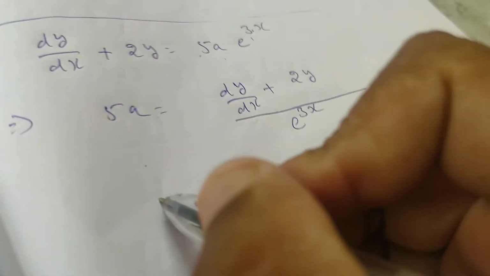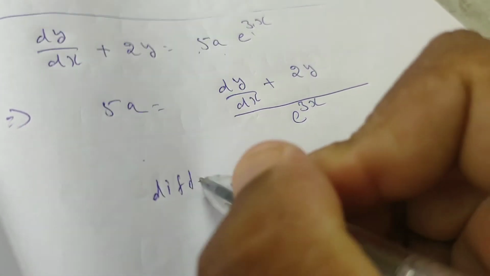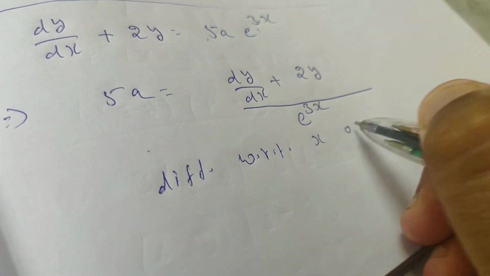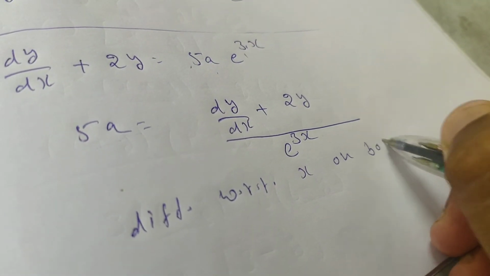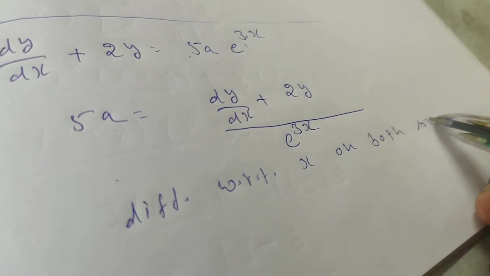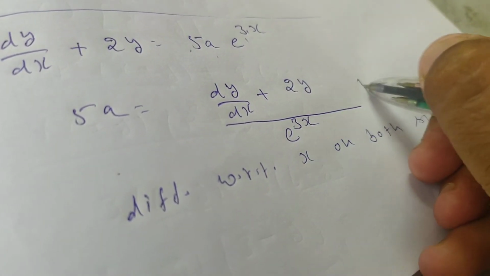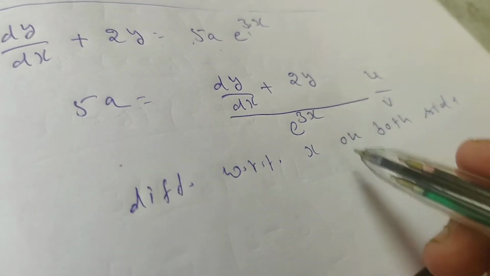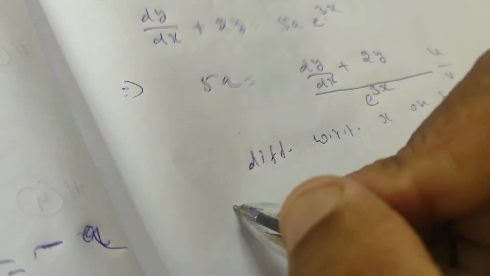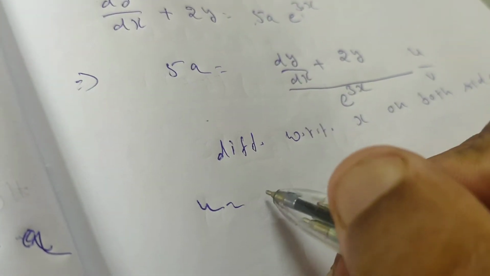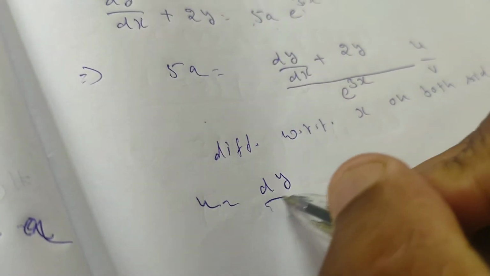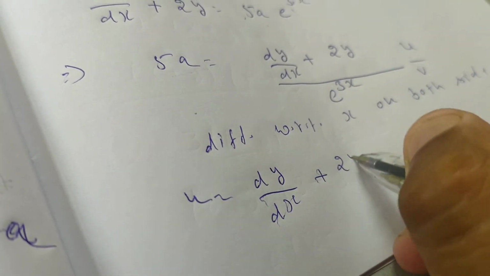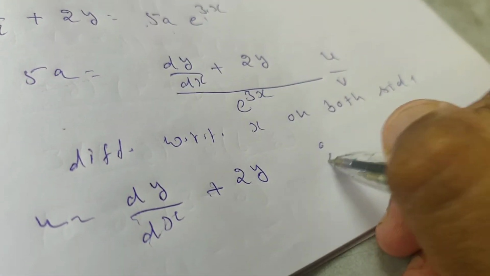Now again differentiate on both sides with respect to x. Apply u by v here. What is our u? That is dy by dx plus 2y. And what is our v?